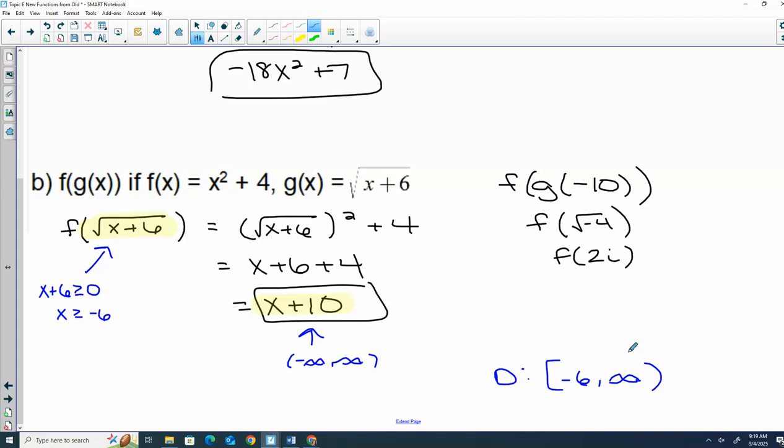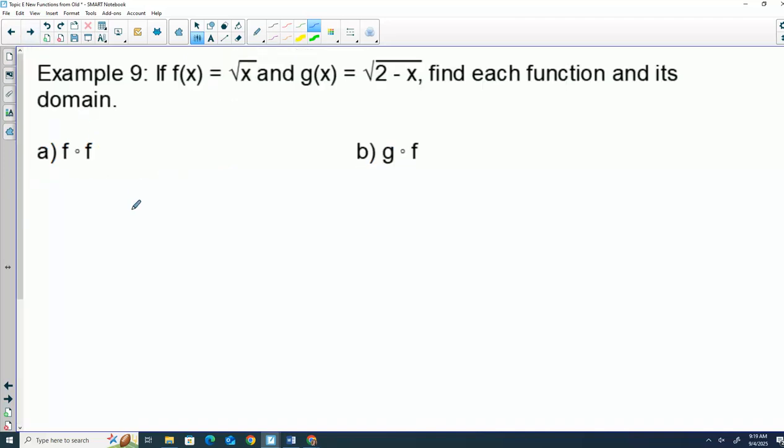So let's try another one of those. So here's two functions. We are going to find both the compositions and our domains.